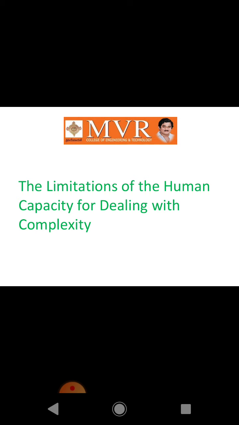This is an example of disorganized complexity. As we work to bring organization to this complexity through the process of design, we must think about many things at once. This is the limitation of human capacity for dealing with complexity.